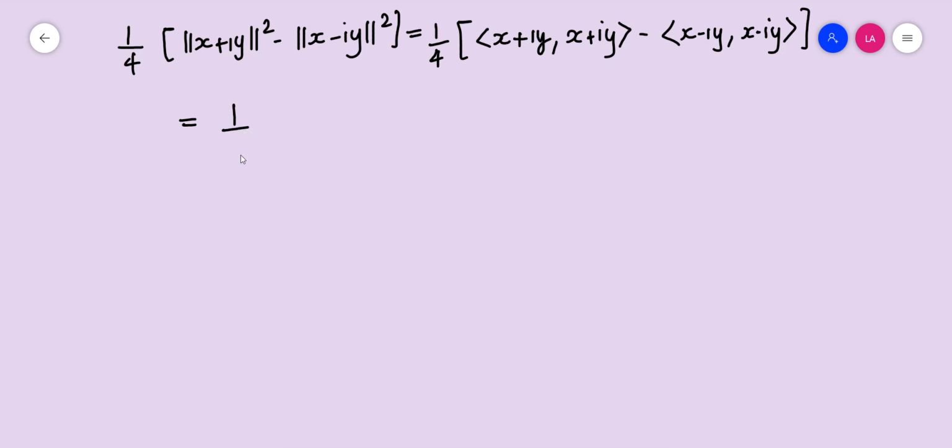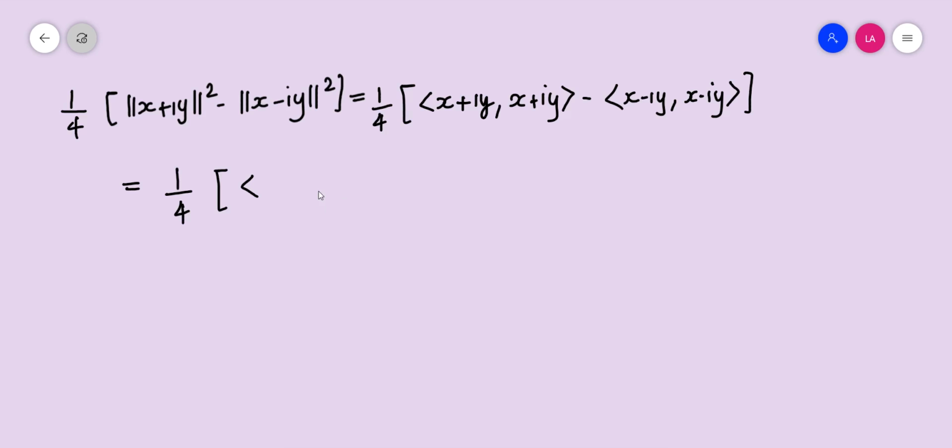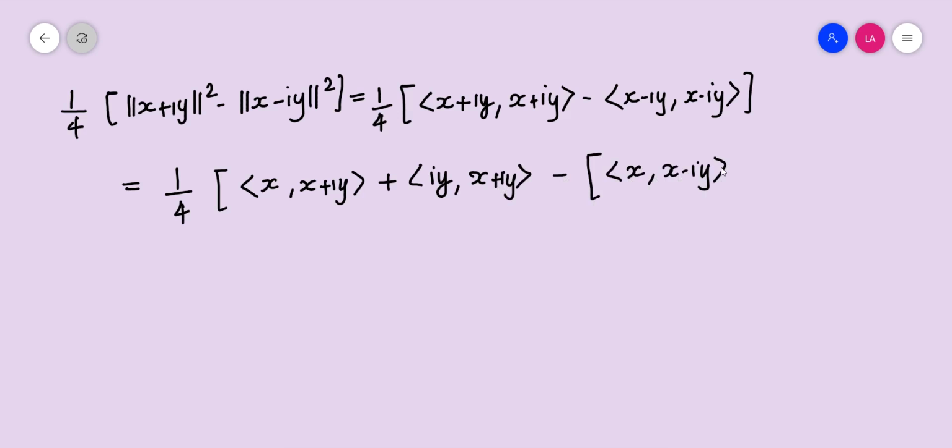So we can write that as 1 by 4 times inner product x comma x plus iy plus inner product iy comma x plus iy, minus the inner product x comma x minus iy, and taking the minus outside, minus the inner product iy comma x minus iy. So this is the answer.